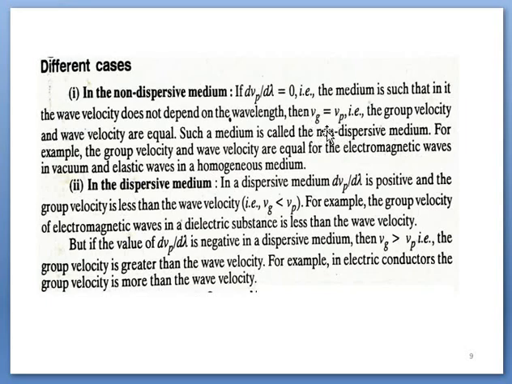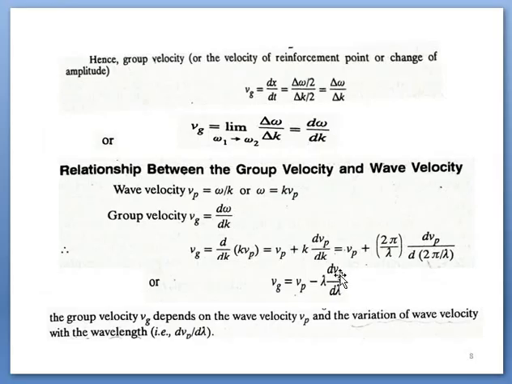But by following this, we obtain that in a non-dispersive medium, since Vp of all waves is equal, it doesn't depend on the wavelength. Even with different wavelengths, their velocities may be equal. So this term will be 0, then Vg is equal to Vp.